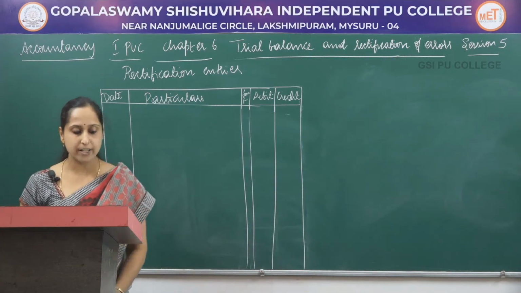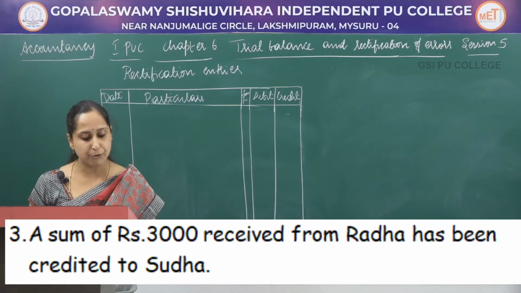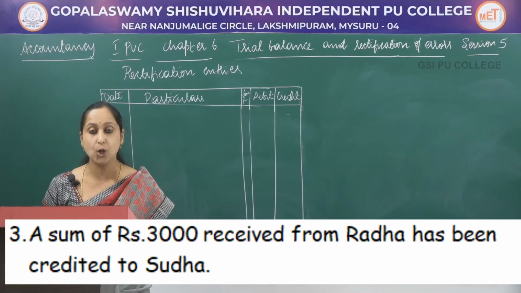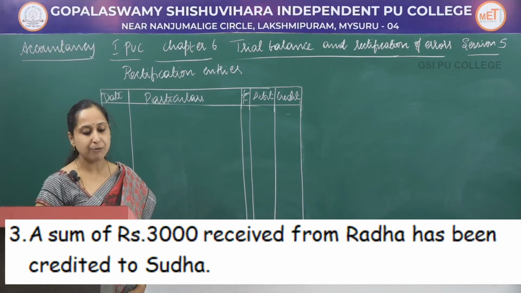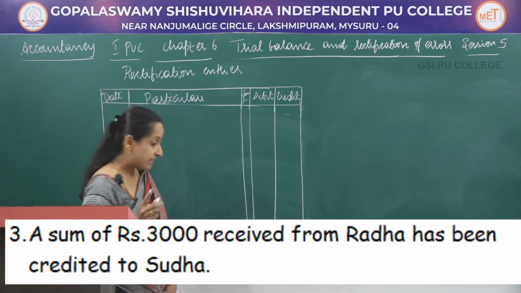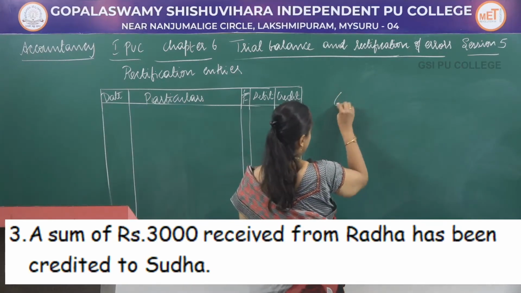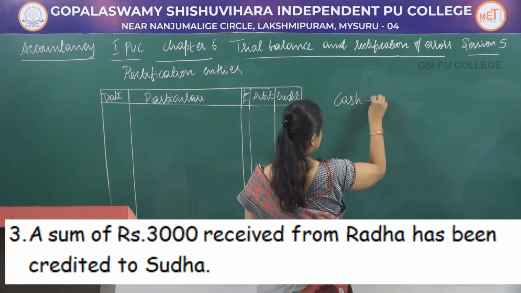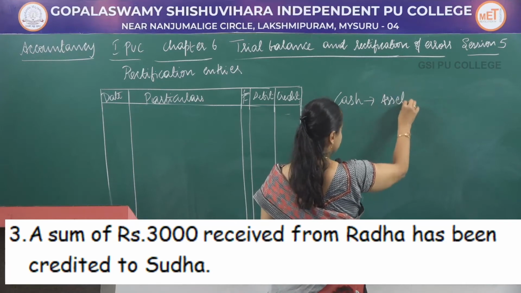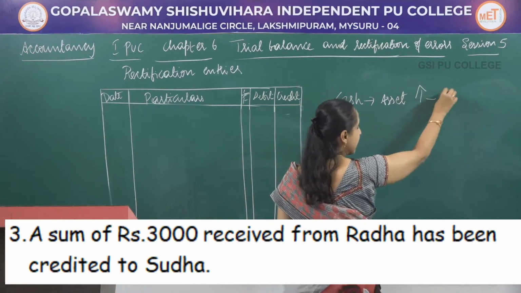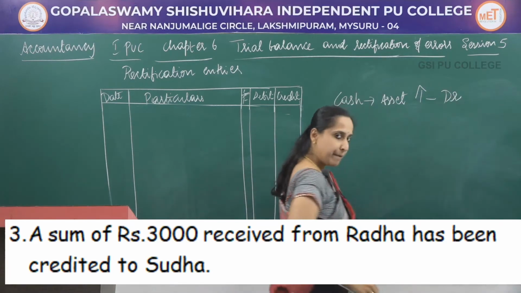Now let's try to understand the next one. A sum of rupees 3000 received from Radha has been credited to Sudha. Here a sum of rupees 3000 you have received from Radha. Cash, it is an asset. Here you have received means there is an increase in asset, so it has to be debited.